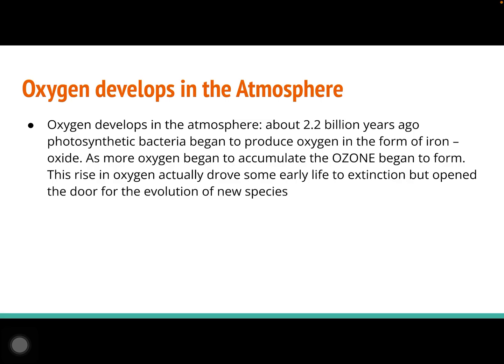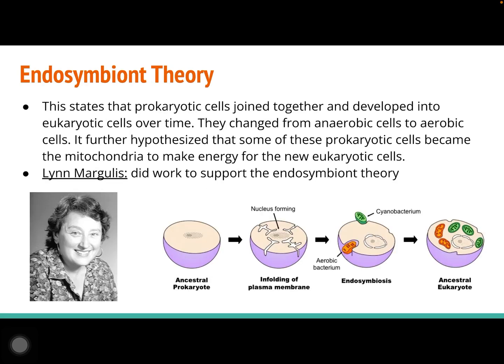Also, that creation of the ozone really helped protect a lot of organisms from harsh UV rays and things like that. That allowed for more evolution to occur of those new species.